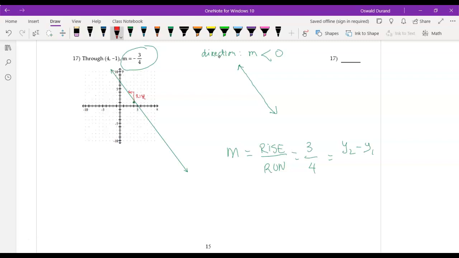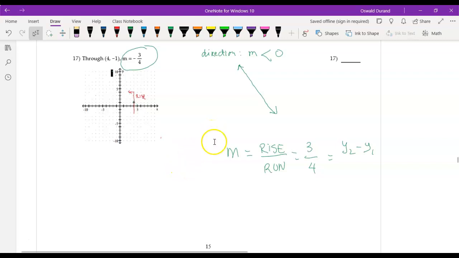That's very important. If I were going down 3 units, 1, 2, 3, then I can go to the right about 4 units and find another point, and this point and the other point are going to create a decreasing line. I hope you understand this part, but that's very important.